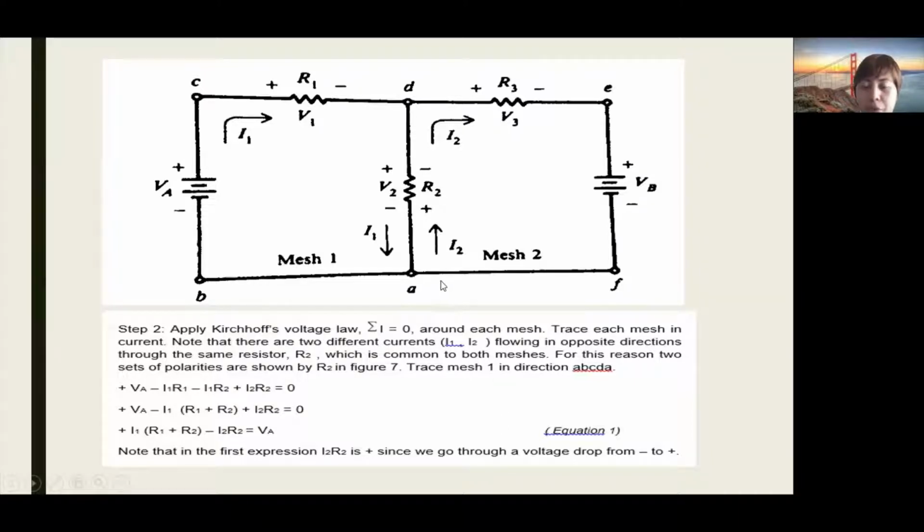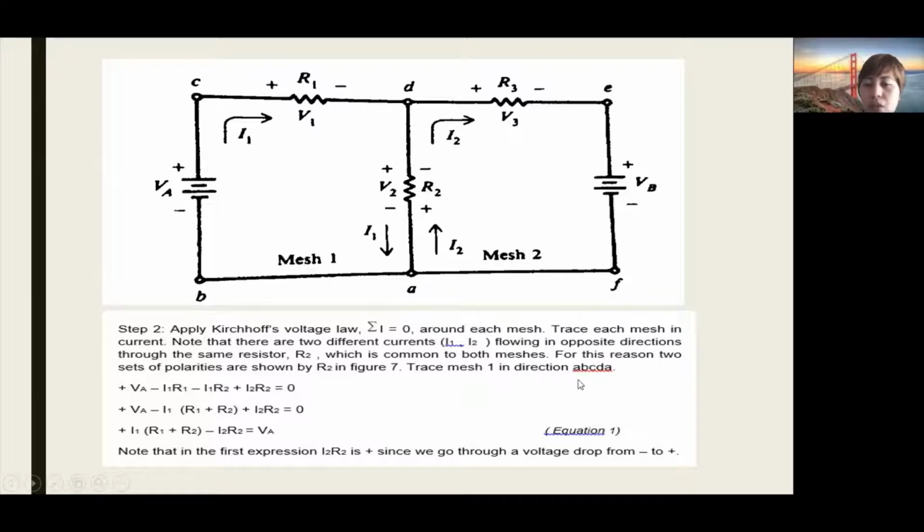What is the common resistor for both meshes? It's R2, in which the currents are in opposite directions, because I sub 1 is going down and I sub 2 is going up. For this reason, two sets of polarities are shown by R2 in this figure.